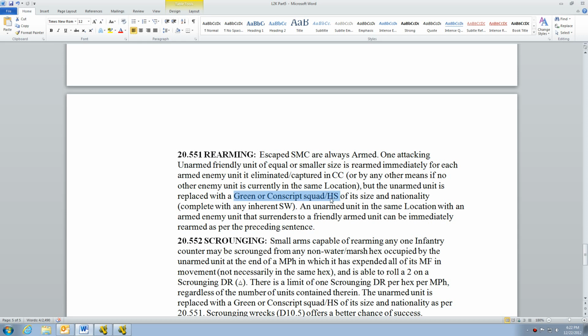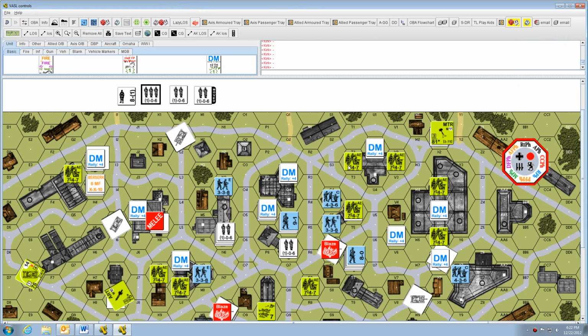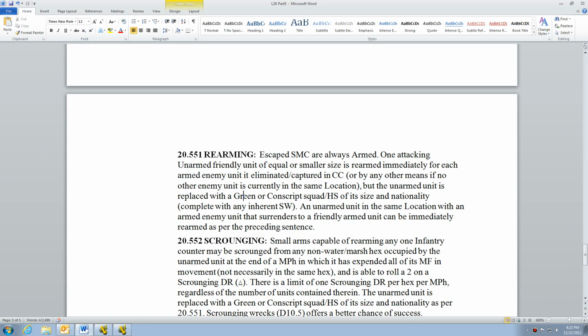So even if your unit started, say, as a 747, if it becomes a prisoner and then later escapes, it's just going to be a green squad or half squad, as opposed to reverting back to a 747. Your leaders will revert back, but your squads basically are going to revert into green or conscript squads or half squads of its size and nationality.